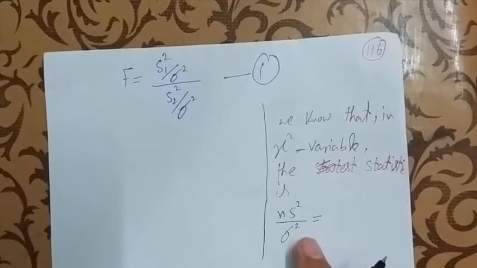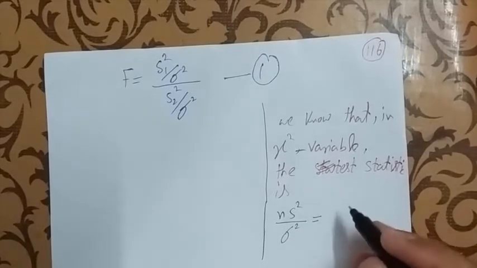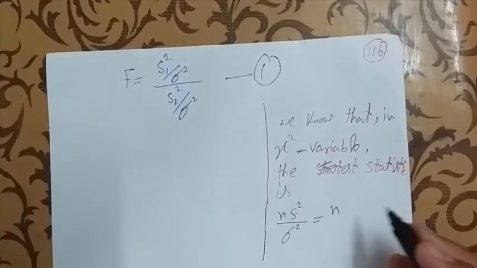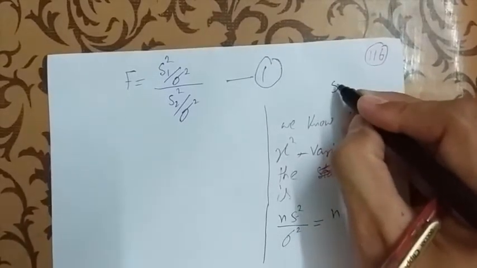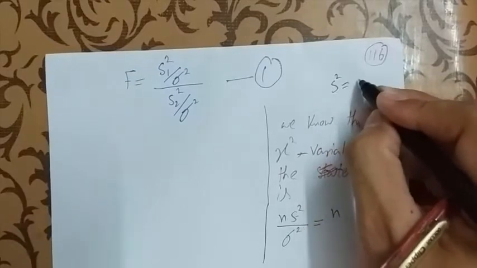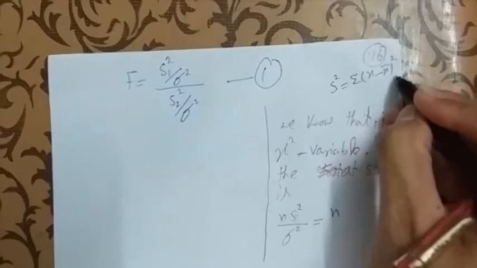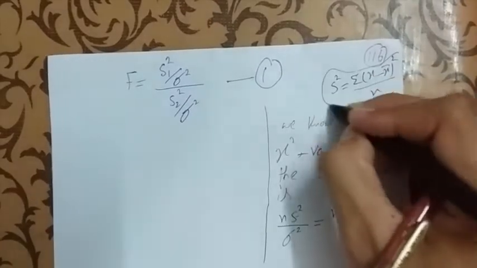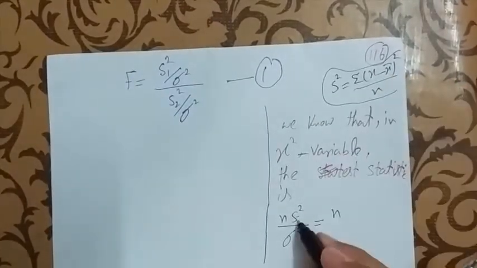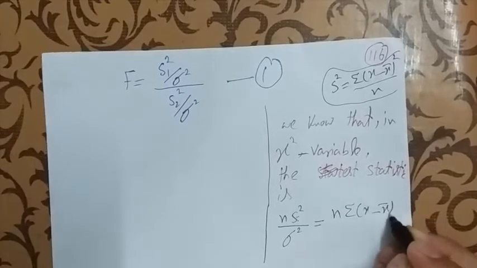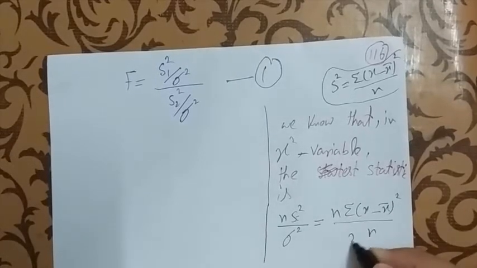This is for biased data. Putting the values of S, what is the value of S square? You know S square is equal to summation x minus x bar whole square over n. You know this formula. Putting the value of S square, summation x minus x bar whole square over n, and sigma square already.